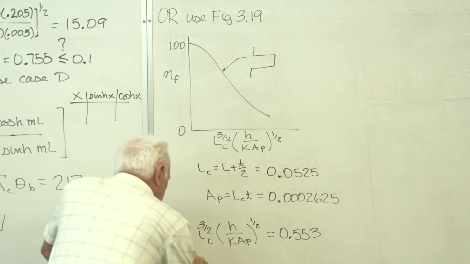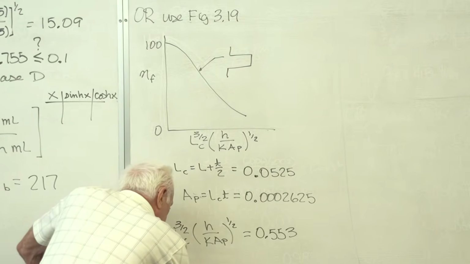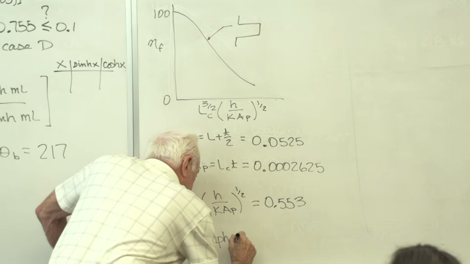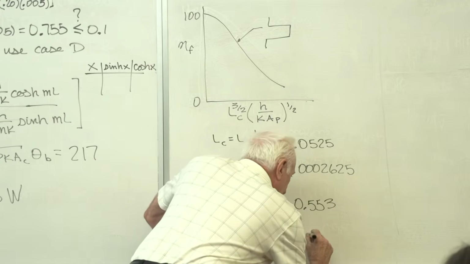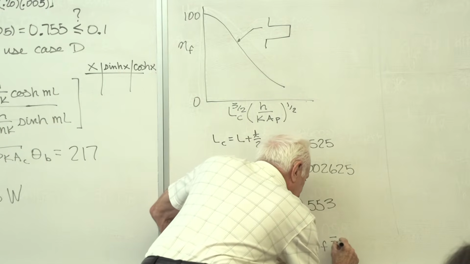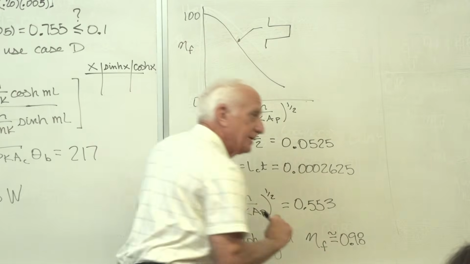Okay, now I go to the graph, and from the graph I find the fin efficiency. It's somewhere around 0.98.